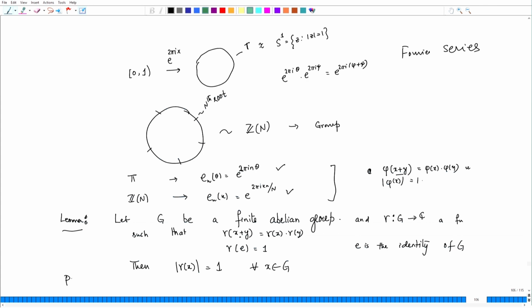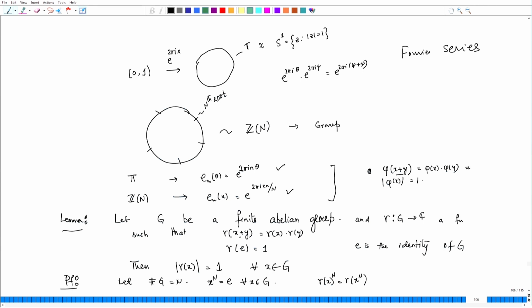The proof is simple for finite groups. Let the cardinality of G be n. Then by the Lagrange theorem, x to the power n is equal to the identity for all x belonging to G. Now I apply gamma: gamma of x to the power n equals gamma of x plus x, n times.